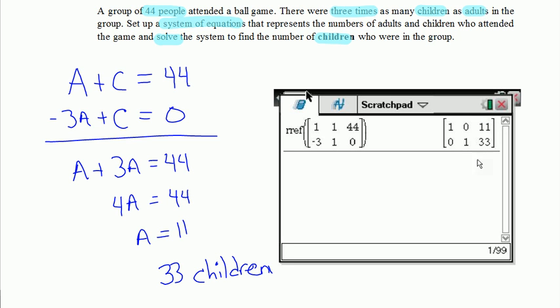So I'm going to use that as a check. I've already done the work here and found out that there are 33 children. I'm just going to use the matrix as a check in this case. So I have 33 children for my final answer. And it's been checked. It's good. I know this one's going to be right.